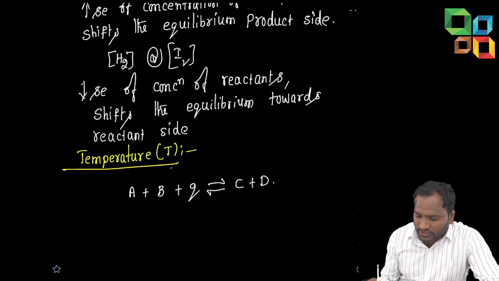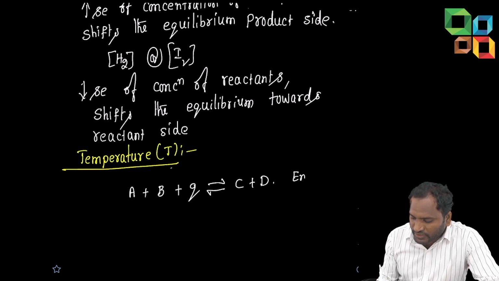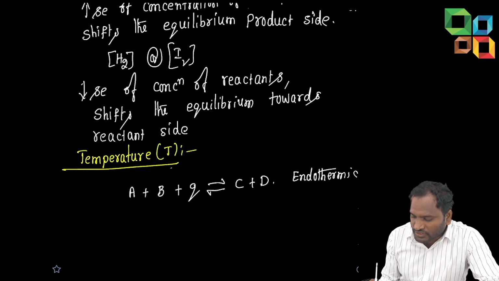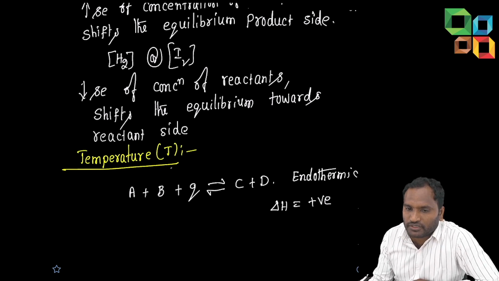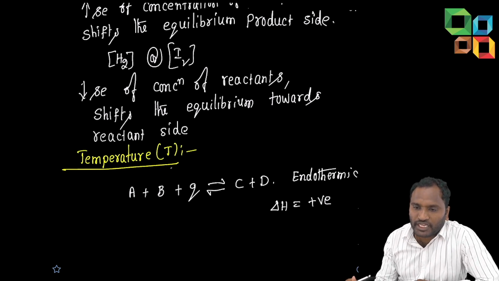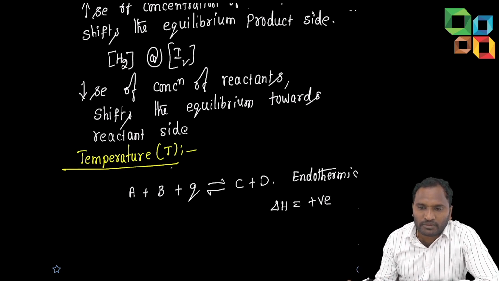Otherwise, you can write this is an endothermic reaction. Sometimes they are giving delta H positive also, students. Here delta H is enthalpy. I think you are not very familiar with enthalpy and all. For timing, you remember that word, enthalpy.